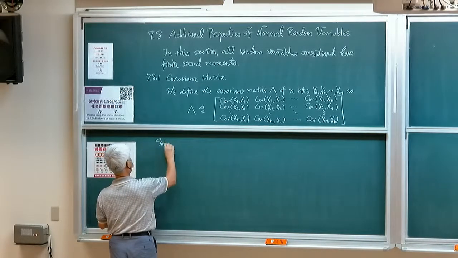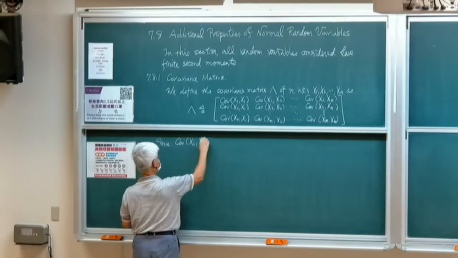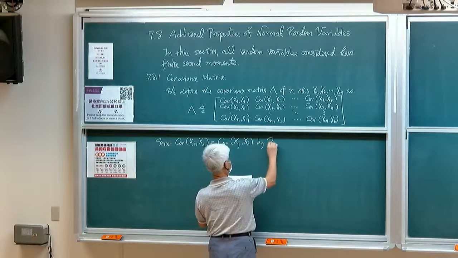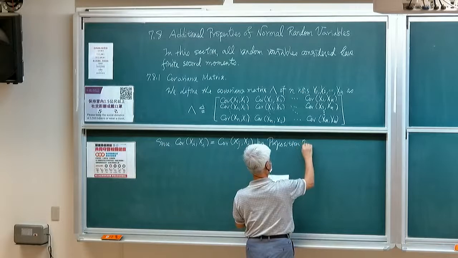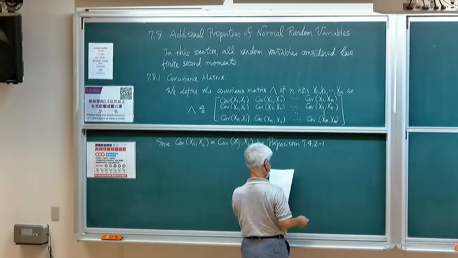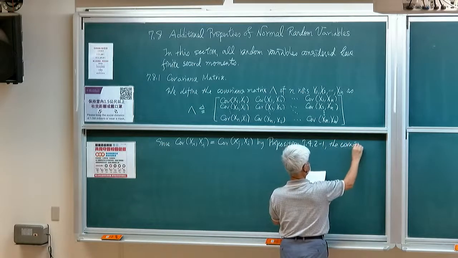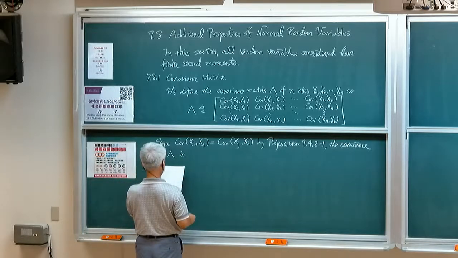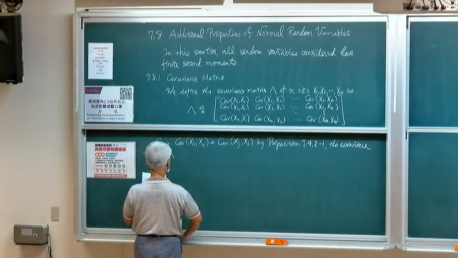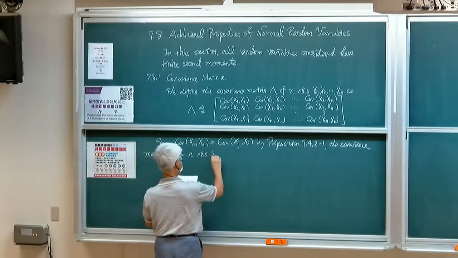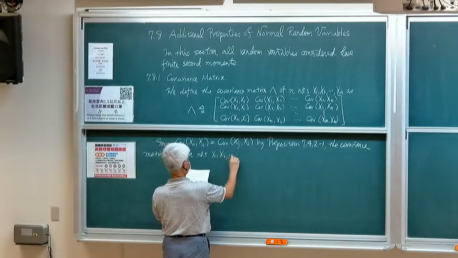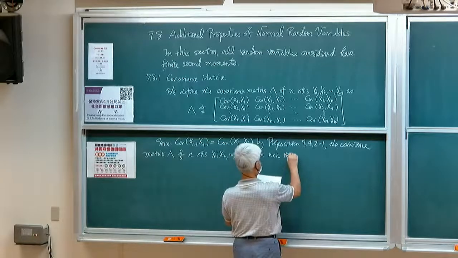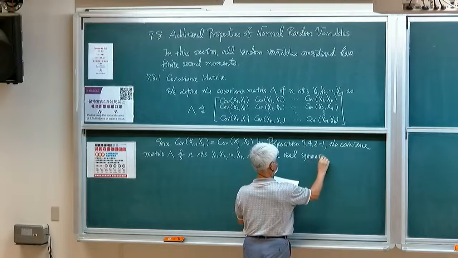All right. Now, since the covariance of x sub i and x sub j is equal to the covariance of x sub j with x sub i, by proposition 7.4.2-1, the covariance matrix lambda of n random variables x1, x2 up to xn is an n times n real symmetric matrix.